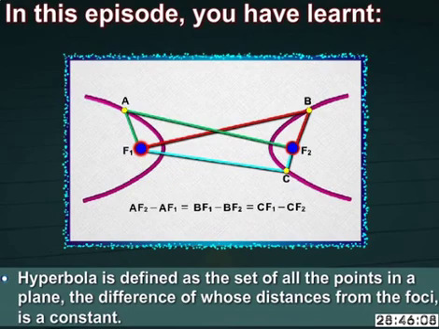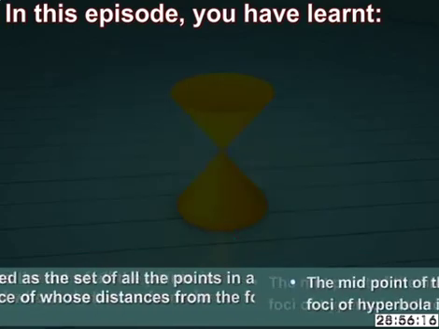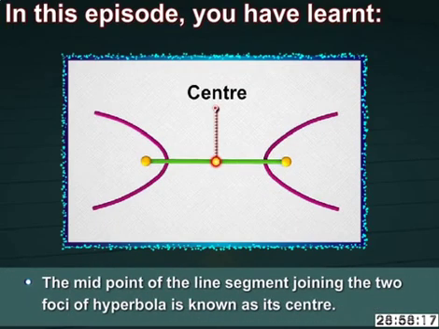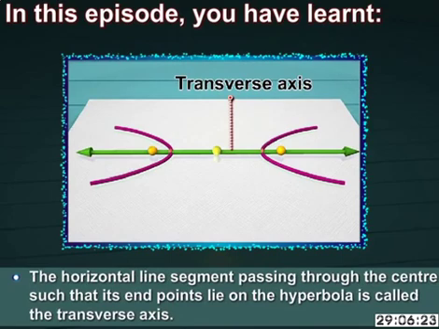Hyperbola is defined as the set of all the points in a plane, the difference of whose distances from the foci is a constant. The midpoint of the line segment joining the two foci of the hyperbola is known as its center. The line passing through the center and two foci is called the transverse axis of the hyperbola.